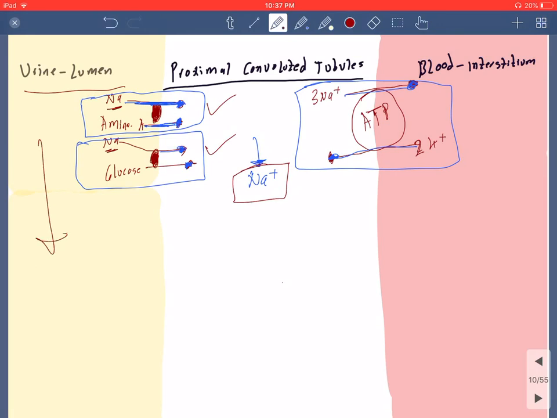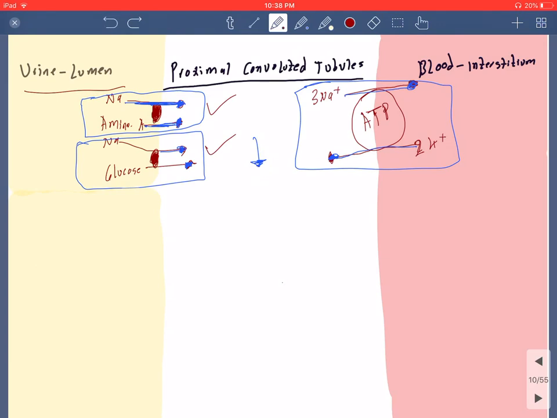It is able to go into these cells because we have a low gradient of sodium, and we have this low gradient because the sodium is being pumped out by this ATP pump. So that's a very, very important point for us to know.